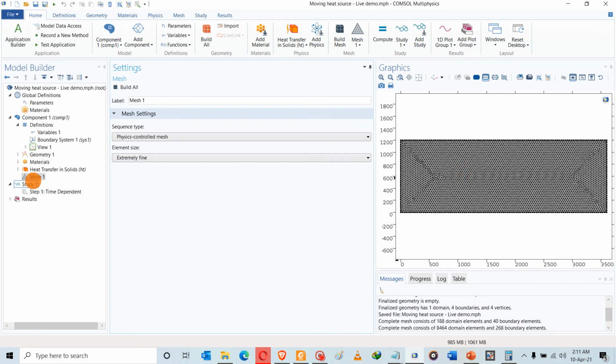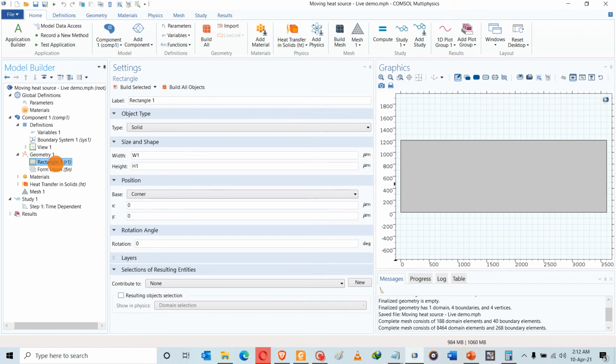But what I'm going to do is come here in the geometry. What we want to have at least is this top part of the surface highly meshed, and then we can have a coarse mesh here at the bottom. So what I'll introduce is layers.